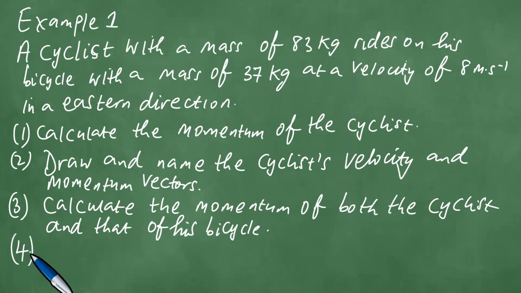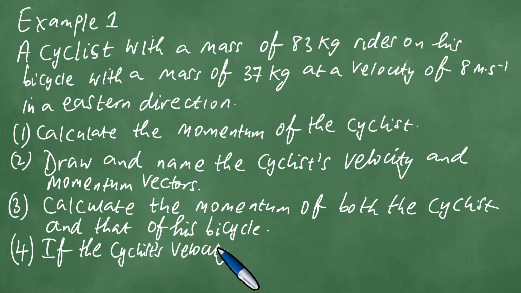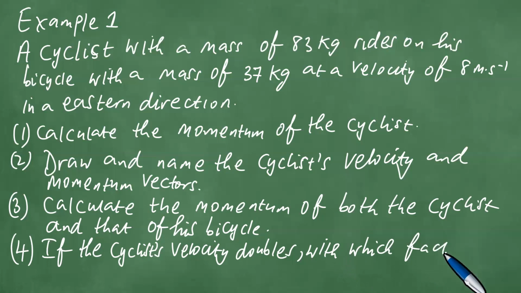Four, if the cyclist's velocity doubles, so in other words, he is moving faster, with which factor will his momentum increase?